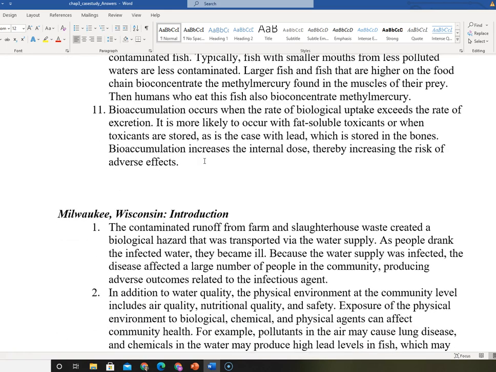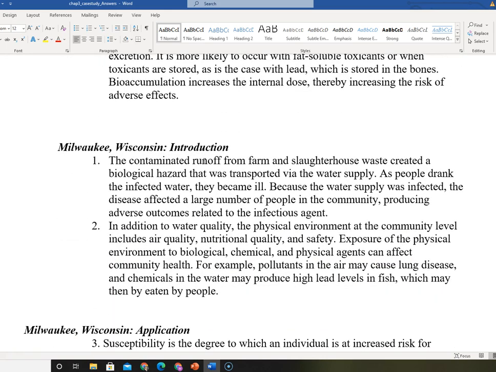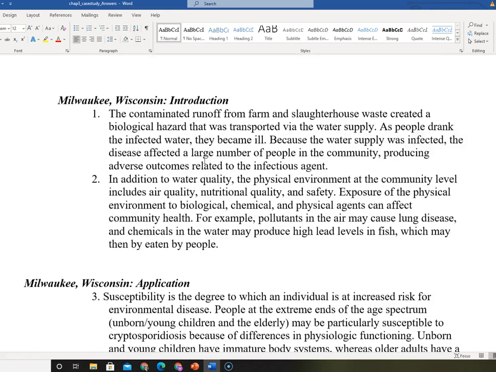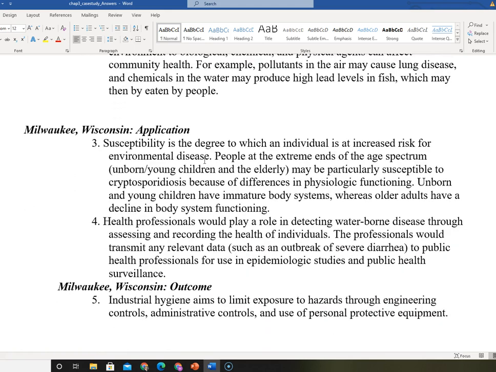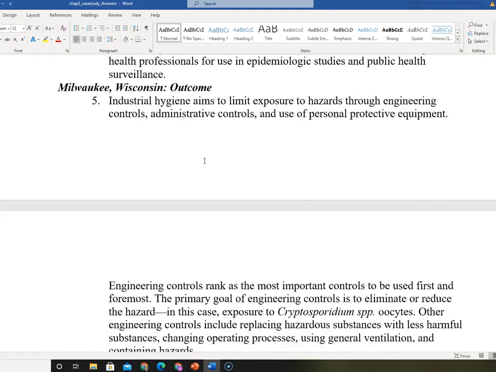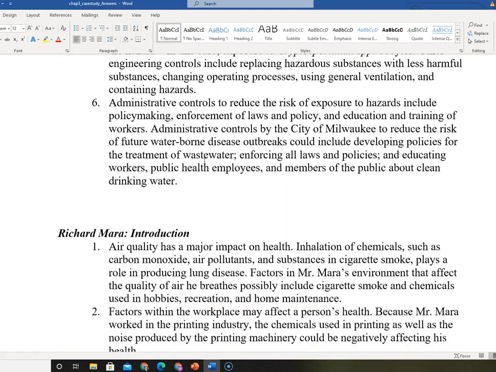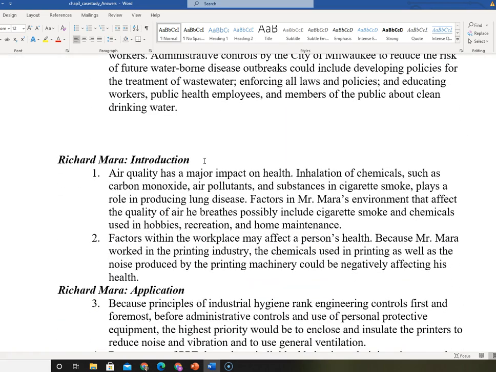Okay, the second one, Milwaukee, Wisconsin, right, was about this environmental or microbiological hazard in the water supply, right? So here's the introduction, questions 1 through 2, 3 through 4. Okay, and then the outcome there. And then lastly, Richard Mara.